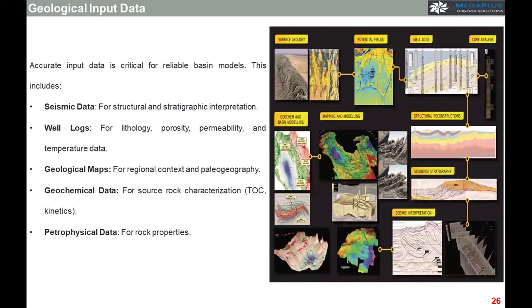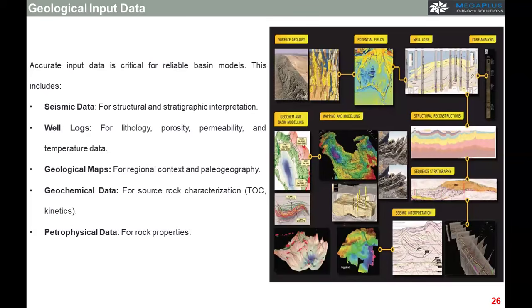What's the geological data needed to input into our 3D Basin modeling? Accurate input data is critical for Basin modeling. It should include seismic data, which is needed for the structure and stratigraphic interpretation. We need well logs just to know the lithology, porosity, permeability, and temperature data.